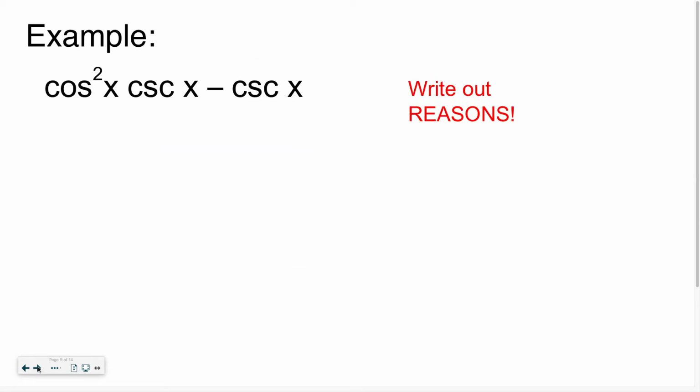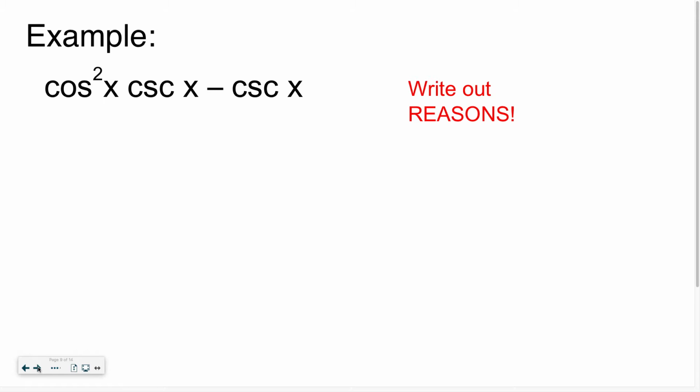Cosine squared x times cosecant x minus cosecant x. This is a really good example of a common mistake a lot of people make. A lot of people might look at this right away and just cancel out their cosecants because it looks like you're subtracting them, right? But you can only add and subtract like terms in math.